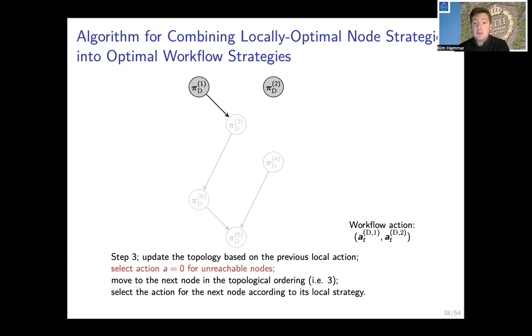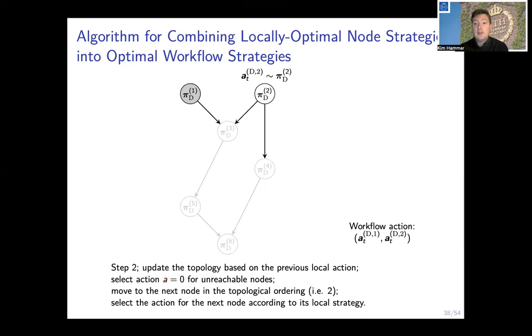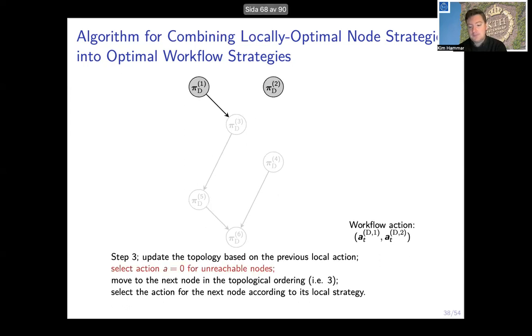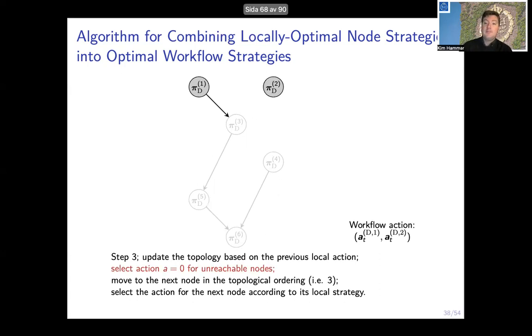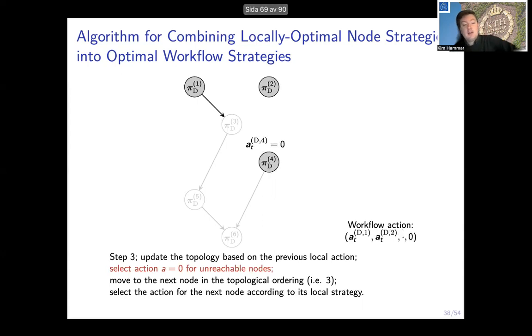Here something interesting happened. Based on the action that we selected for this node, the topology changed. So these two arrows disappeared. That may, for example, be the case if we shut down that node or if we updated the firewall. And now we see that the next node that we consider, this one, is actually isolated from the rest of the network.